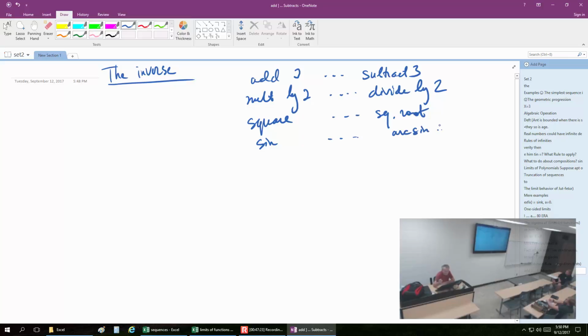So these are pairs, and they go both ways. Make no mistake here; they go both ways. How do I undo subtraction of 3? The answer is add 3. And the same way, to undo the square root, I square, roughly. So these are the common pairs of inverses.